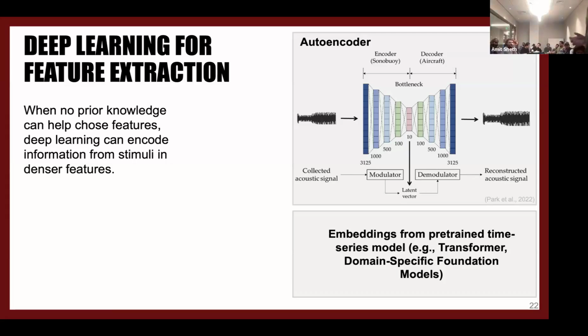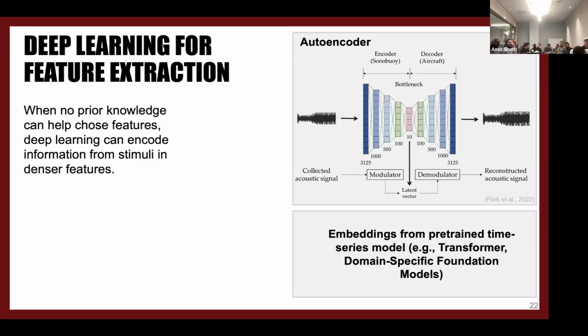So now when that model is able to reproduce faithfully the signal in output, it means that all your information got squeezed in your middle layer, in your bottleneck there. It means that the information in that middle layer is encoding all your information in a small set of weights, right?